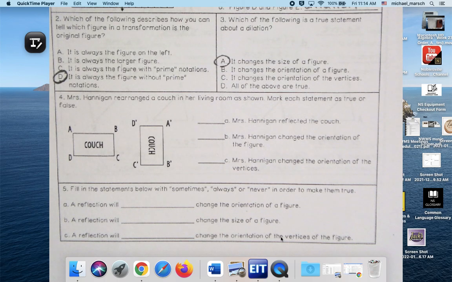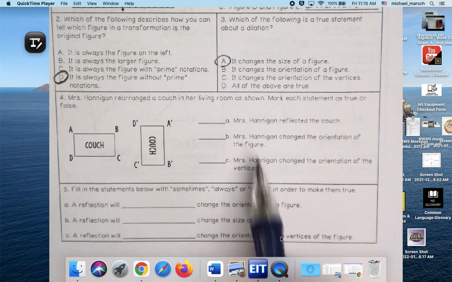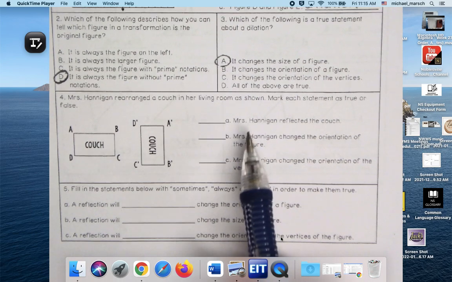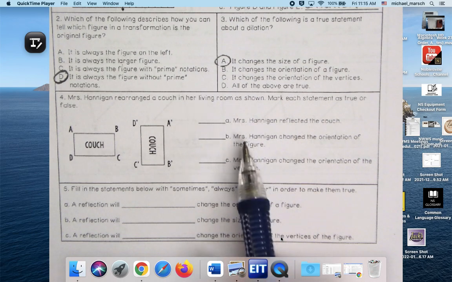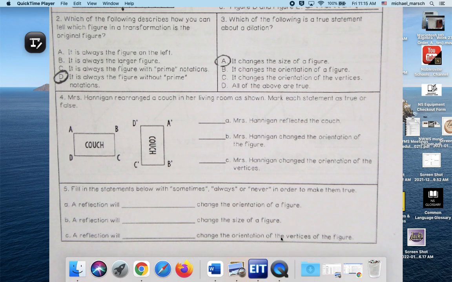Okay, back to Mrs. Hannigan and her couch. She rearranged the furniture. Go ahead and mark each statement as true or false about how she rearranged her couch.